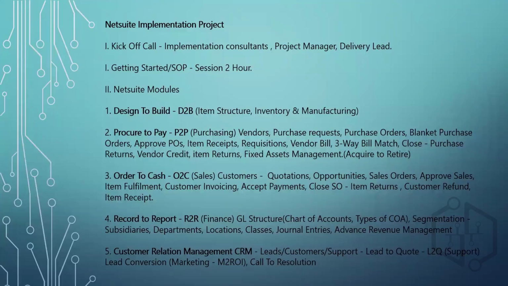In this Design to Build, you will have the complete item structure. What are the different types of items that the customer has? It could be inventory, non-inventory, other charge items, service items. When we say service items, you must have visited a lot of service centers, like laptop servicing or mobile servicing. There is no physical item that they provide, they just give the service. You also must have booked some online services, any home work you want to get done, the painting, the drilling, the carpentry.